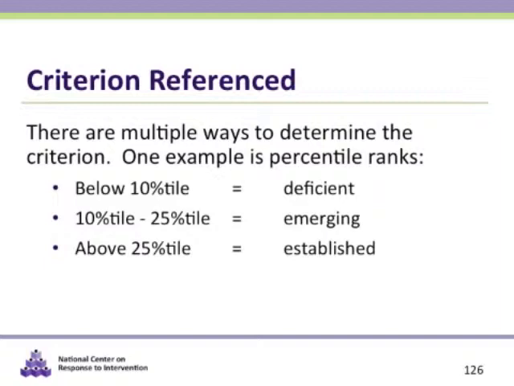I can also determine that the score between the 10th and the 25th percentile for the average population is probably emerging, and we know by the time they get to the 25th percentile they may be established. Now this is just an example, and we recommend that you look to your publisher and the information they provide on how you would set the criteria for your particular tool.